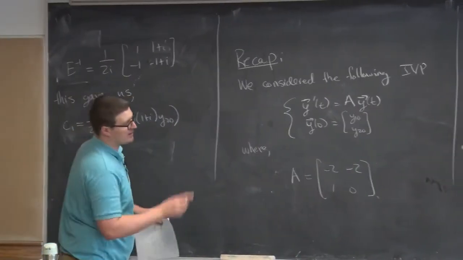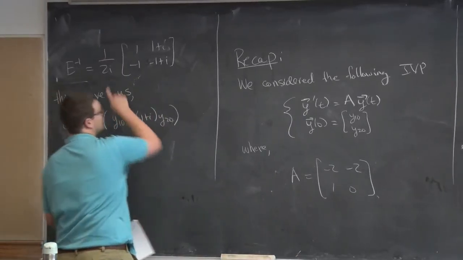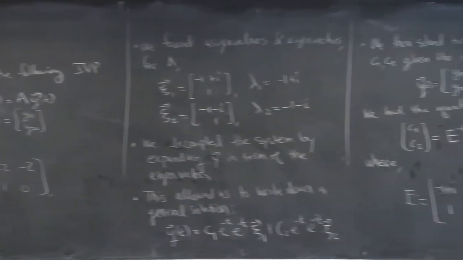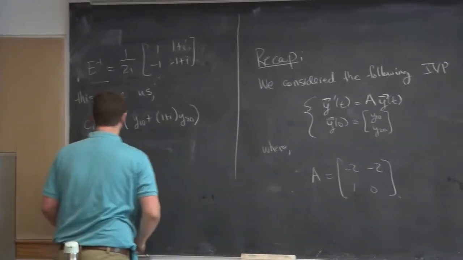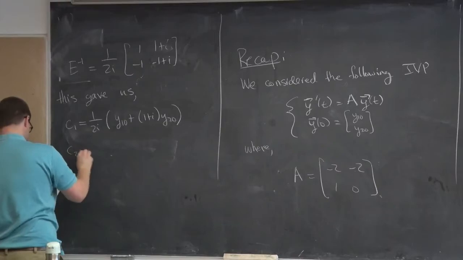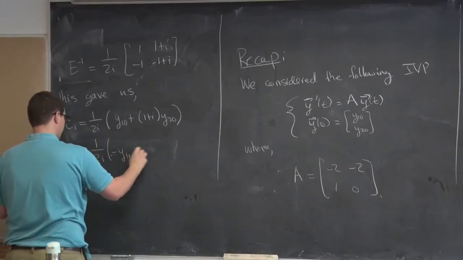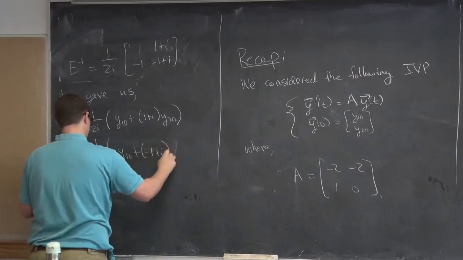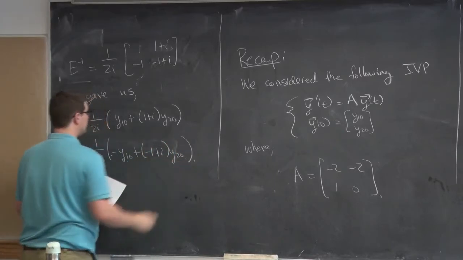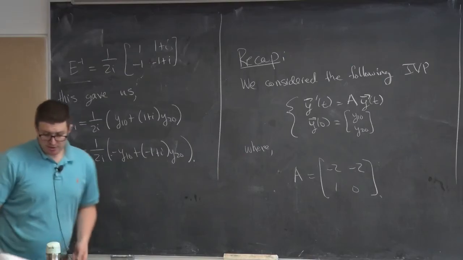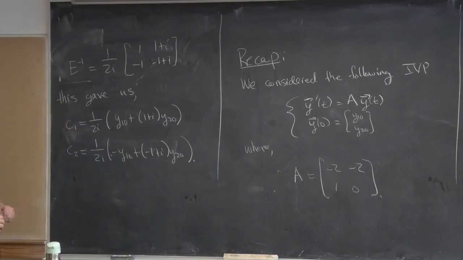Or sorry, not that E, but this times that y10, right? So I'm taking the y's and I'm multiplying. Okay? And c2 is 1 over 2i, minus y10 plus minus 1 plus i, y20. Okay? So this gave us a solution to this problem.